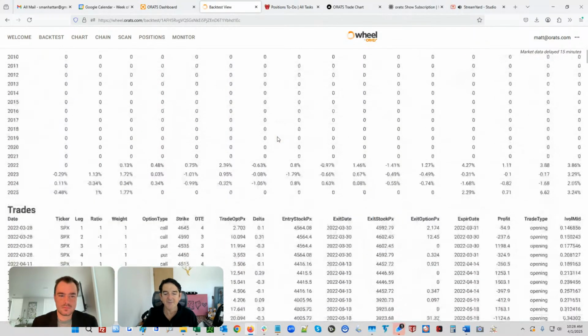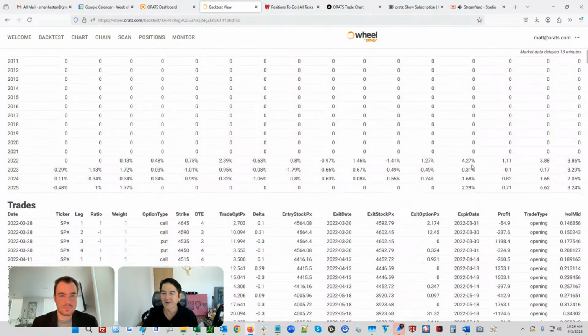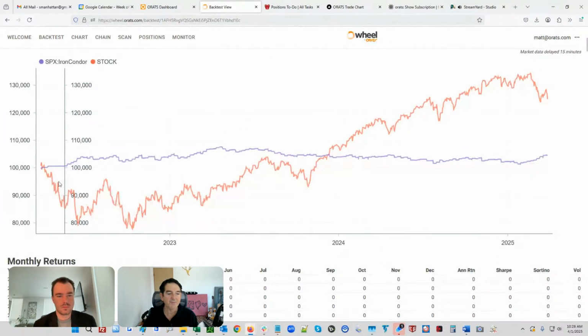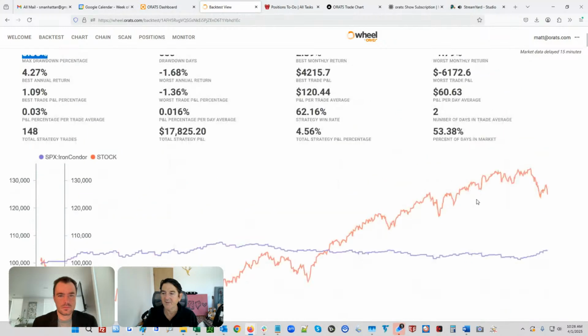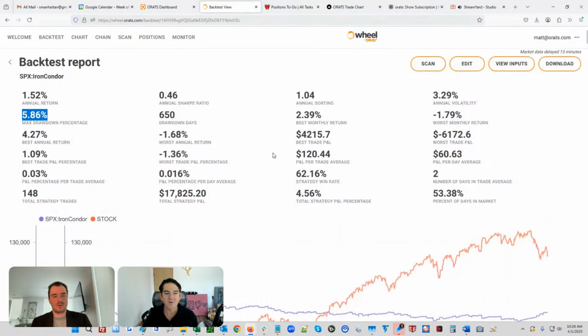I only did it for a couple of years, but this did well in 22 when the market was kind of choppy. But when the market's going straight up, it's going to violate your upper strikes. So that didn't do well, and then here it's been down so much that it's actually doing okay of late. Anyway, that's cool to watch.